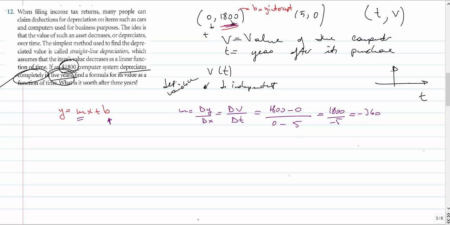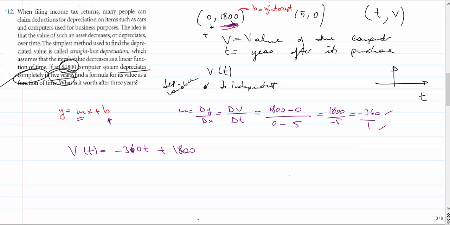So the equation of the depreciation line is V of t equals slope negative 360 times t plus my y-intercept, 1800. That means the computer loses value of $360 per year after its purchase.